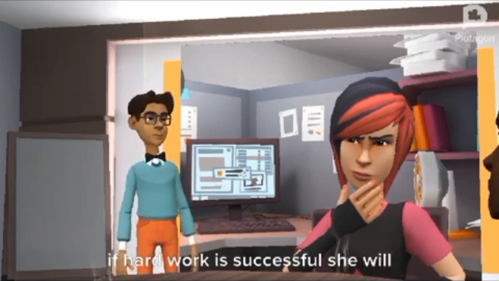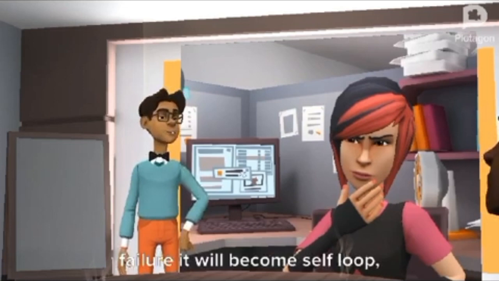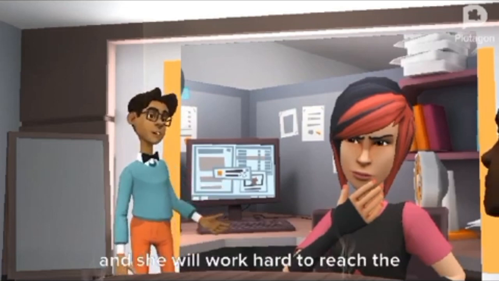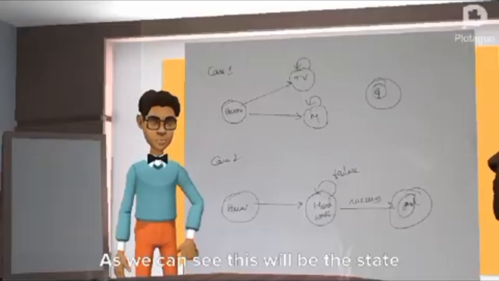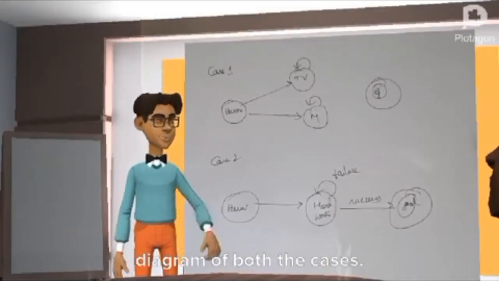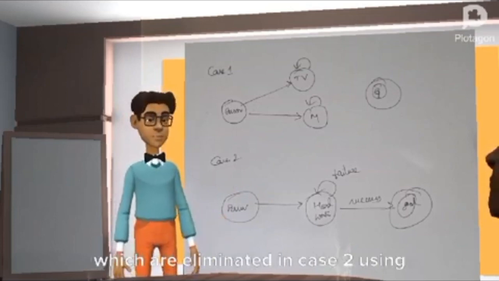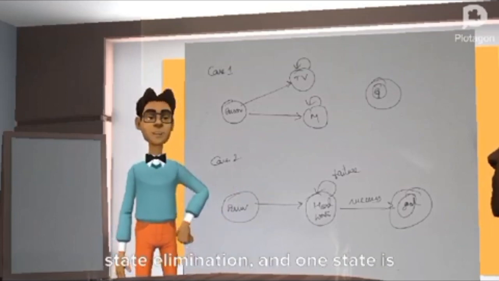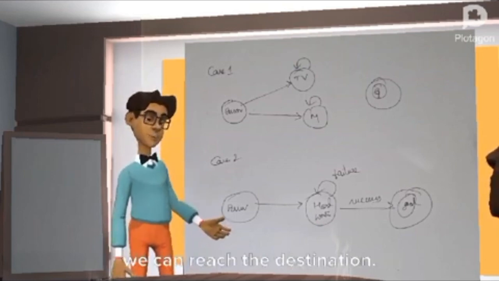First, if the hard work is successful she will reach her destination. If it is a failure it will become a self-loop, and she will work hard to reach the destination. As we can see, this will be the state diagram of both the cases. In case 1, we have both middle states which are eliminated. In case 2, using state elimination, one state is added as the next state through which we can reach the destination. Thanks so much.